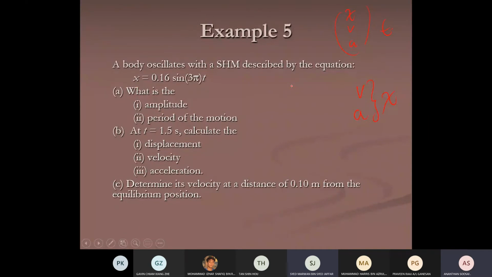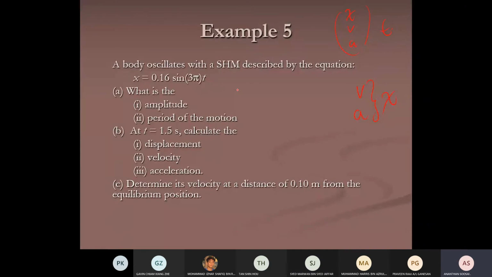Sir, for example, if they just give 0.16 sine 3 pi t, how do we know the units, like the distance unit? If they never mention anything, we take it as an SI unit. So you take 0.16 meter.